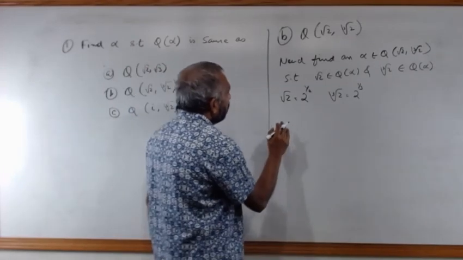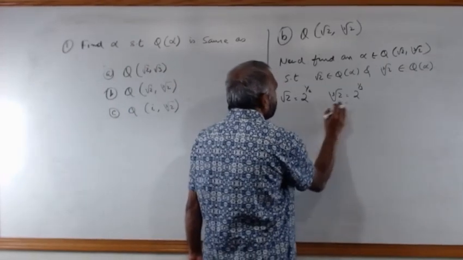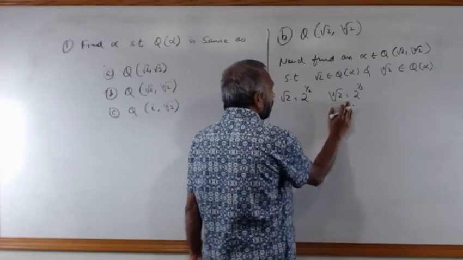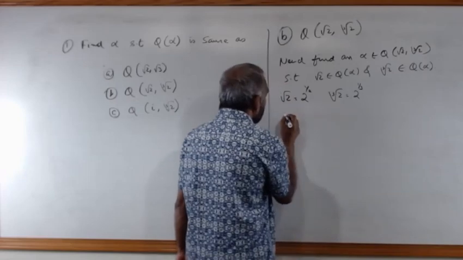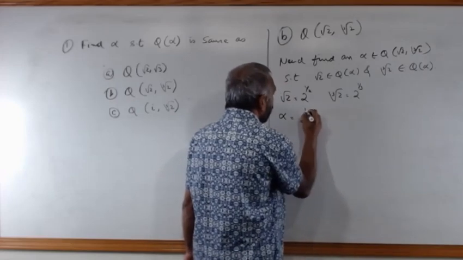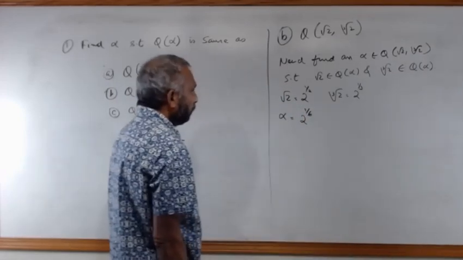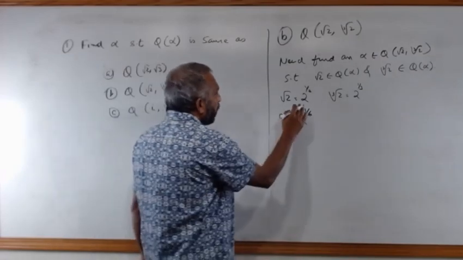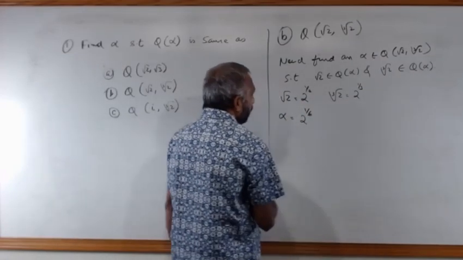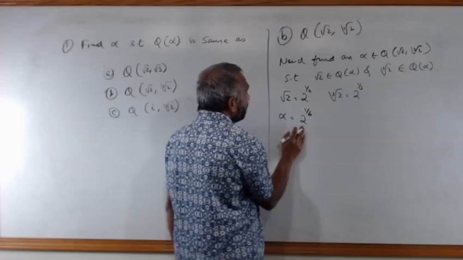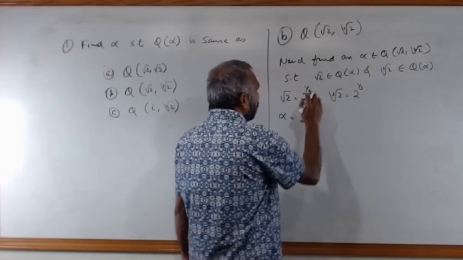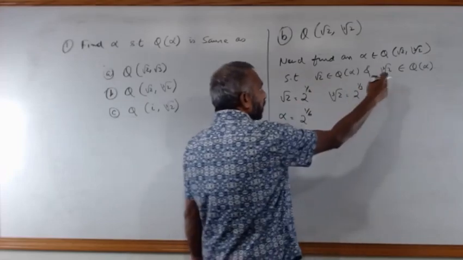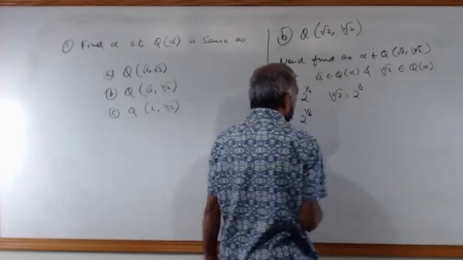So we are trying to find a number which goes in both, like a kind of a common factor. So if you take alpha equal to 2 to the power of 1 by 6, that is the product of these two, then we need to show that root 2 belongs to Q of alpha and cube root of 2 belongs to Q of alpha.